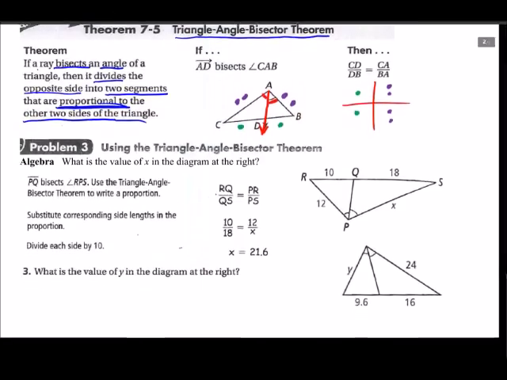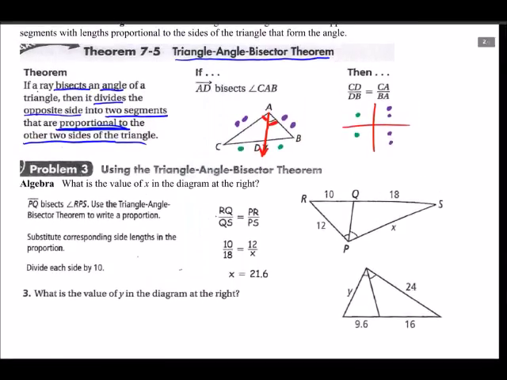All right, let's take a look at using this. Find the value of x in the diagram. All right, let's see, what do we see? We are told that segment PQ bisects angle RPS. So here is our ray that bisects our angle.